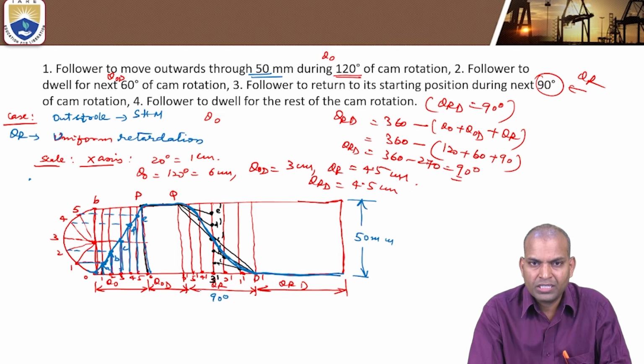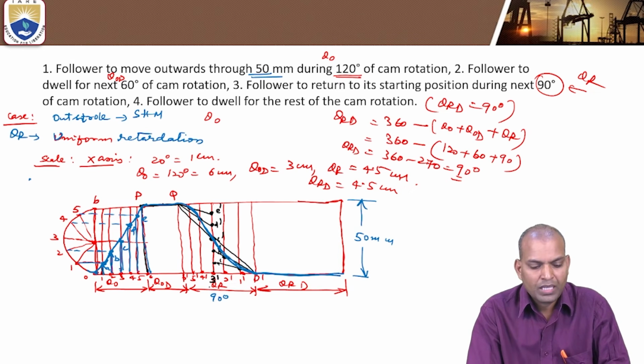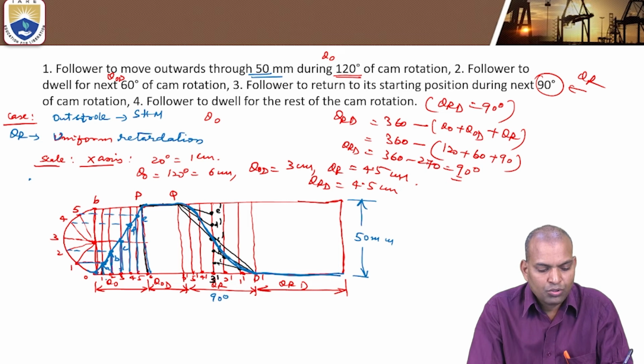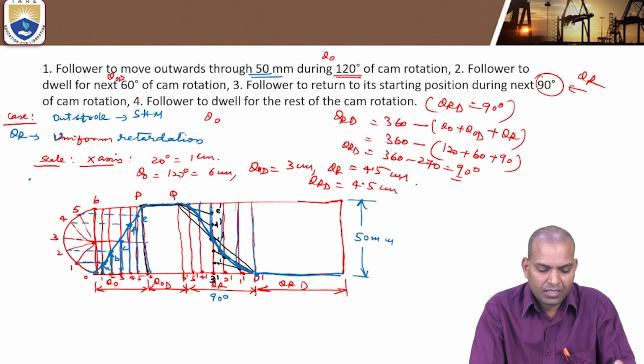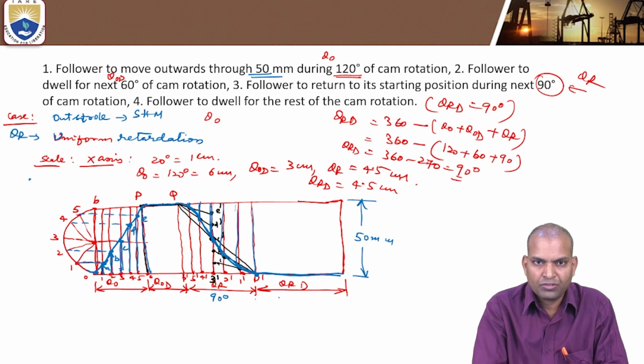That is, each division indicates 15 degrees. So 120 plus 60, 180, 180 plus 15, it comes down. This is the zone of falling. Finally, up to 180 plus 90, 270 degrees, it comes to rest.